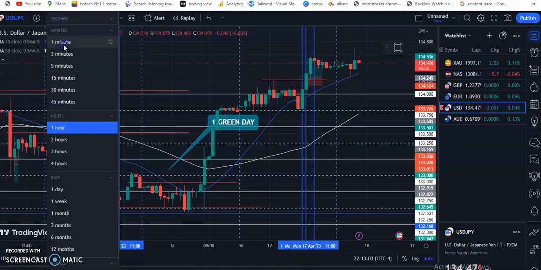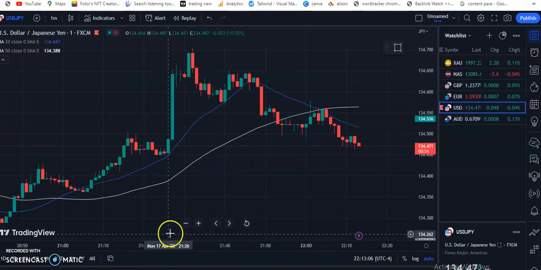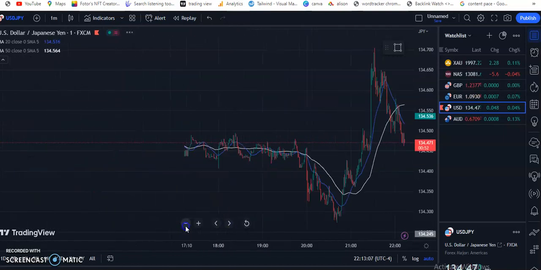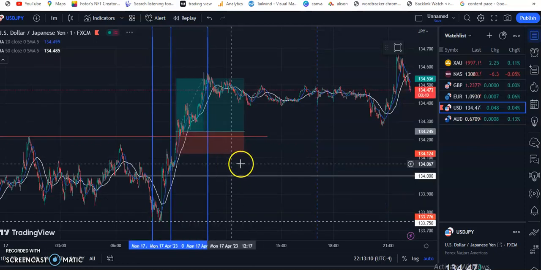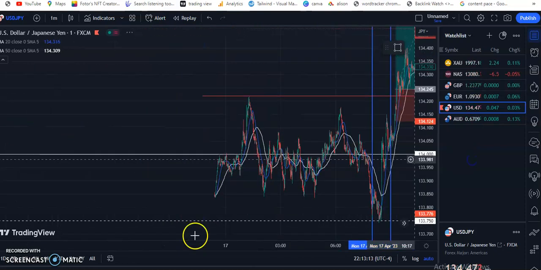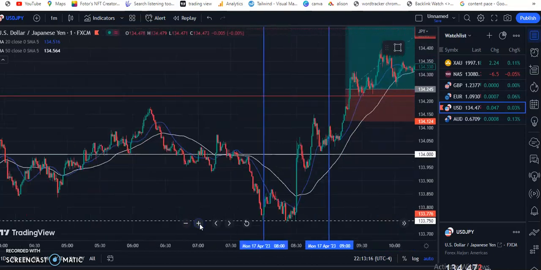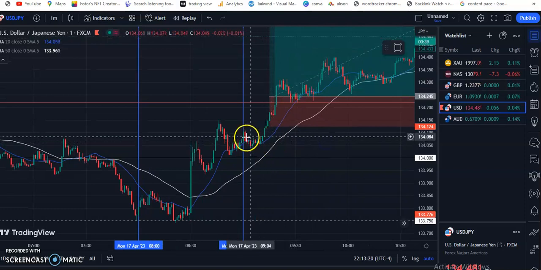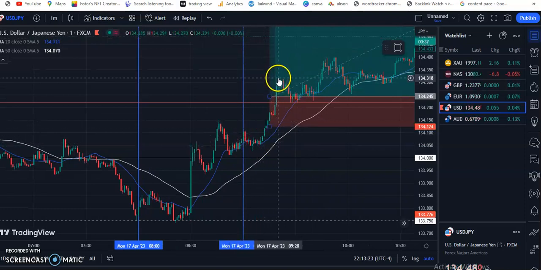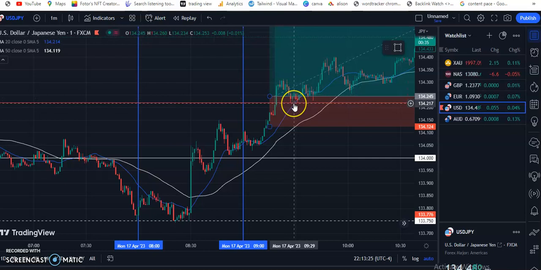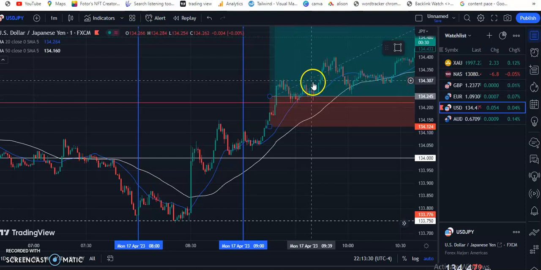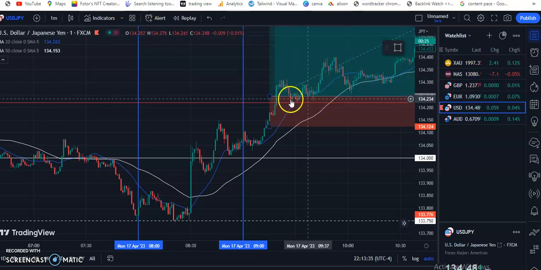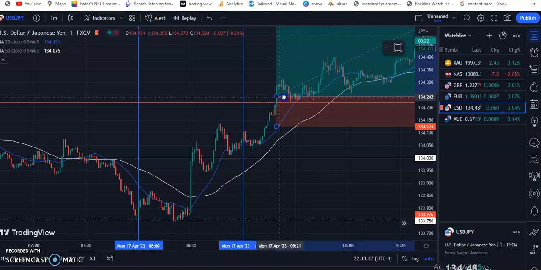Let me show you how it was a clean setup. Look at that. The market breaks out, pulls back in one push, two push, and another push to the low at 9:40.